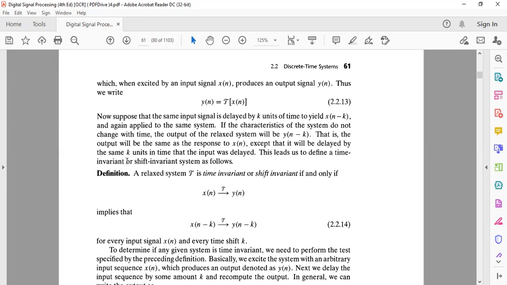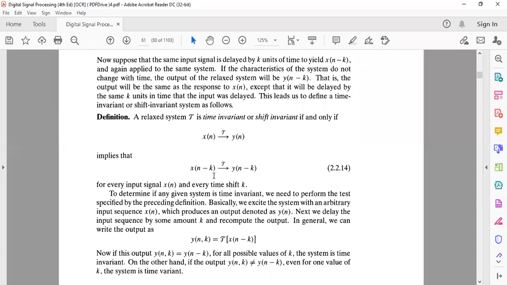So this is just to define a time invariant or shift invariant system: a relaxed system T is time invariant or shift invariant if and only if x(n) is acted on by the system T to give y(n), then the same system produces the same output, only that this time there will be a shift in time. It means that a shift in the input will appear as a shift in the output.